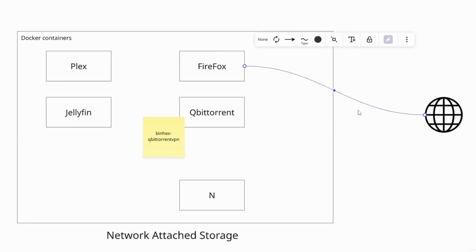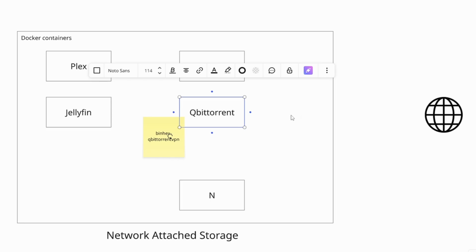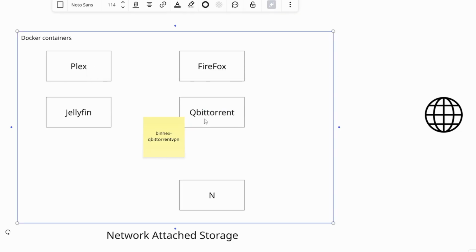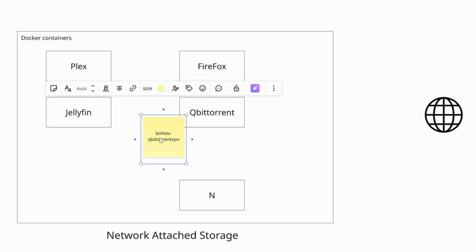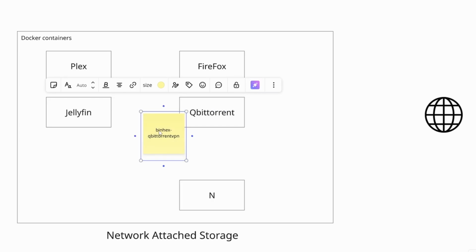However, sometimes we possess a VPN and we want to route the data through that VPN. One solution could be to, instead of installing the official or a very simple version of, let's say, qBittorrent, install such containers as binhex qBittorrent VPN.